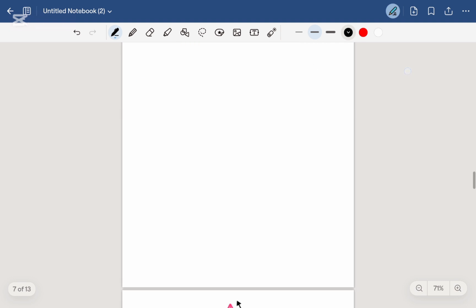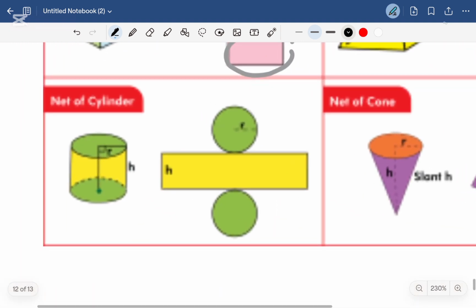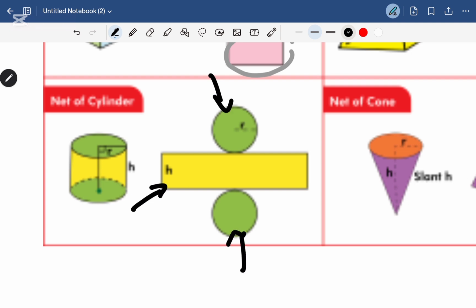So let us go down all the way to the bottom. A cylinder is made of 2 circles and a rectangle in the middle. Okay, so it's the area of the circle on top and circle in the bottom, and they're always the same.